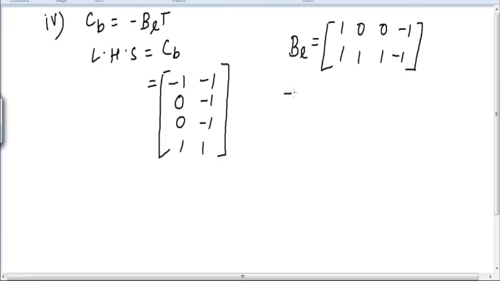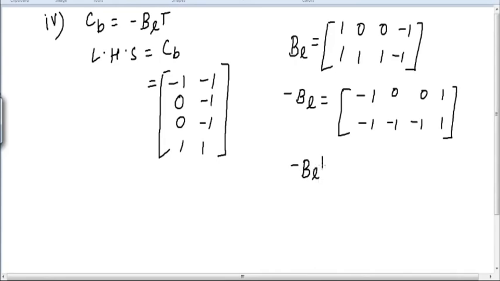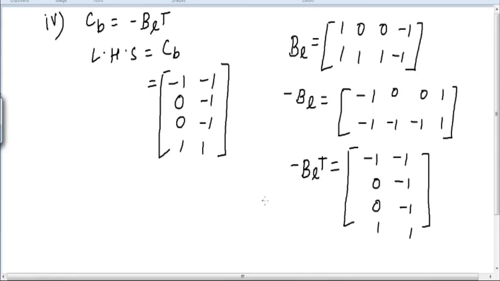So if we will multiply this by minus sign, so this will be minus BL, so this will be minus 1 0 0 1 and this will be minus 1 minus 1 minus 1 1, and when you will make it minus BL transpose, so this will be minus 1 minus 1, 0 minus 1, again 0 minus 1 and 1 1. So you can see this is equal to CB, therefore LHS is equal to RHS. So this is your fourth bit, hence proved.